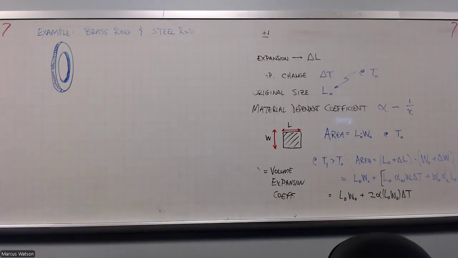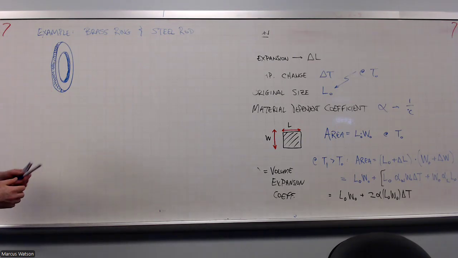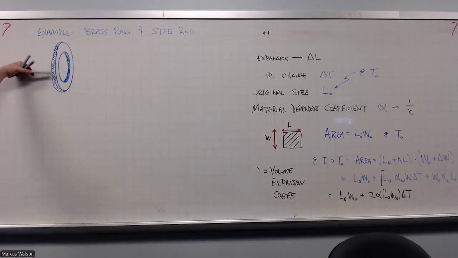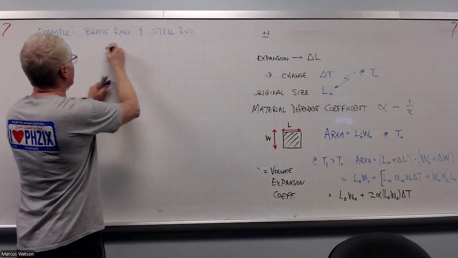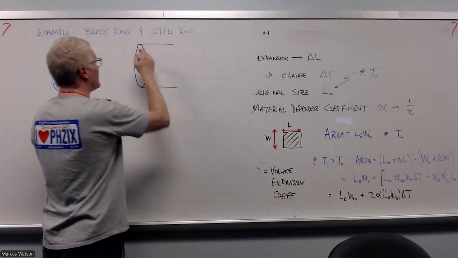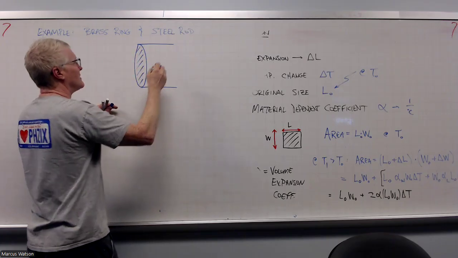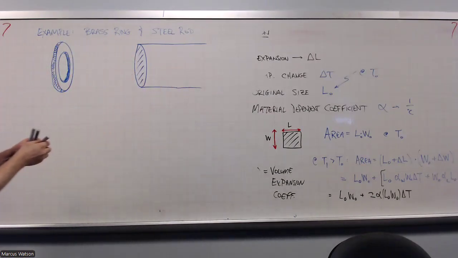Okay, so here's our brass rod, and I'm sorry, our brass ring, and it has a hole diameter that is slightly smaller than the steel rod. The steel rod here is slightly larger than this, so we're going to say like this.